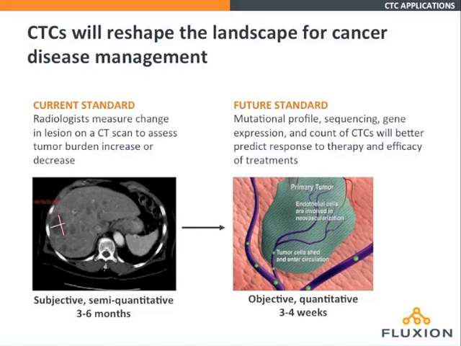What we think this will evolve to is looking at both the numbers of circulating CTCs over time, but more importantly, their mutational profiles and their gene expression profiles. We believe that that'll be more predictive and will be able to earlier give us an insight into the efficacy of the treatment regimen.